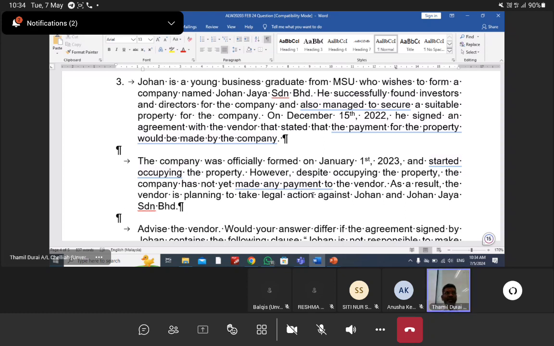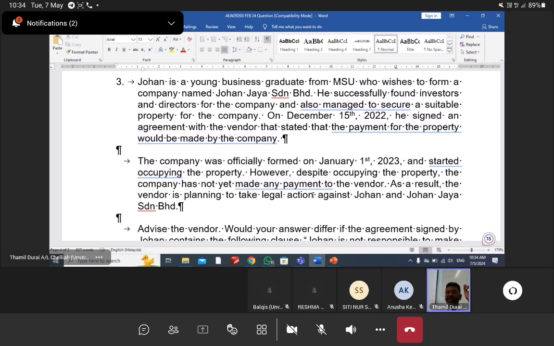And if the other party agreed and signed, then Johan, the promoter, will not be liable. But usually the general rule is that liability lies with the person who entered into the contract. Here you cannot bind a third party to enter into a contract. So the promoter is more like an agent as well. You have done the law of agency.